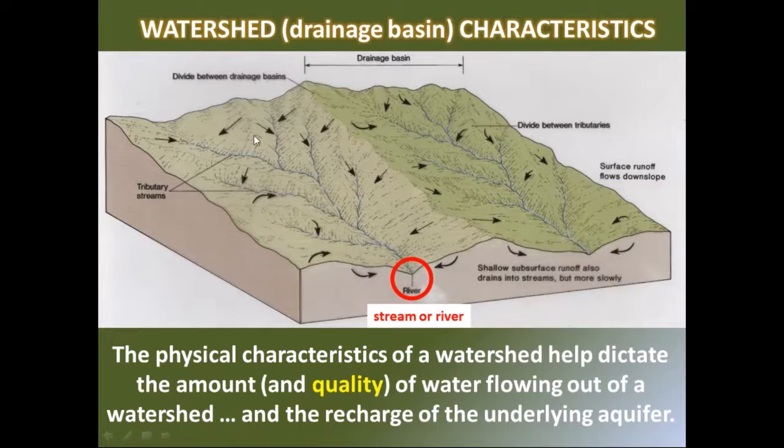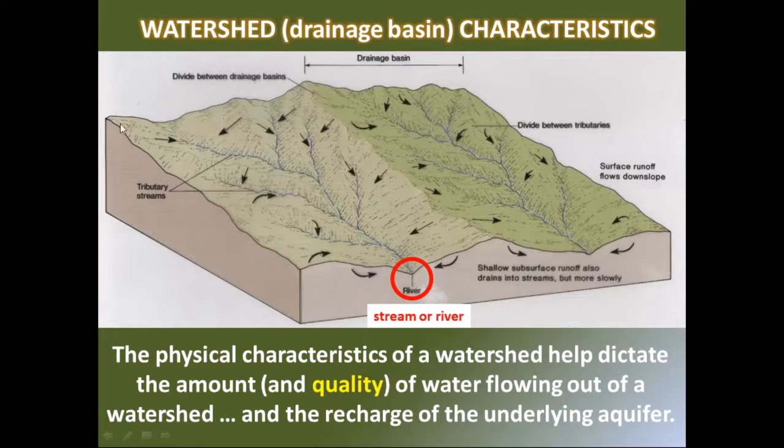Each part of each drainage basin is subdivided into smaller ones, and each has a small river or stream that basically funnels all of the surface water that falls into that part out of it, and that stream then coalesces with the one next to it downstream, and so on and so forth.